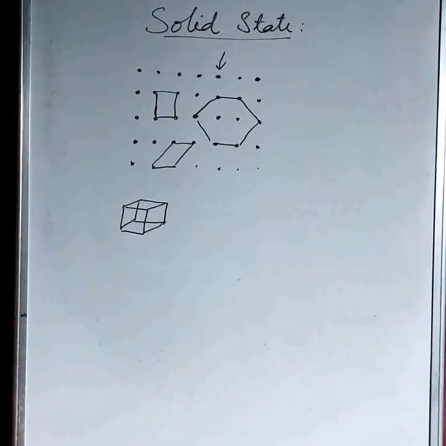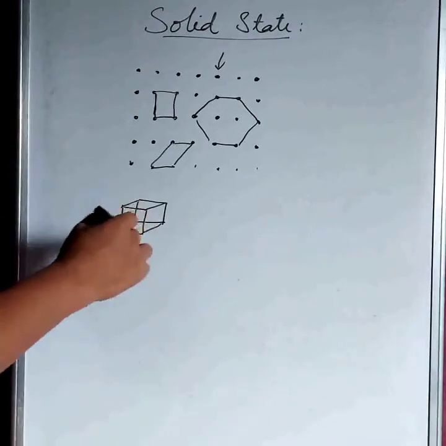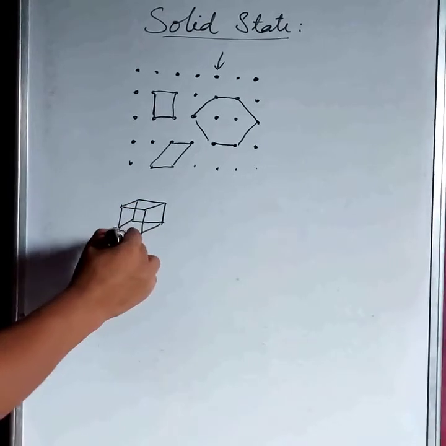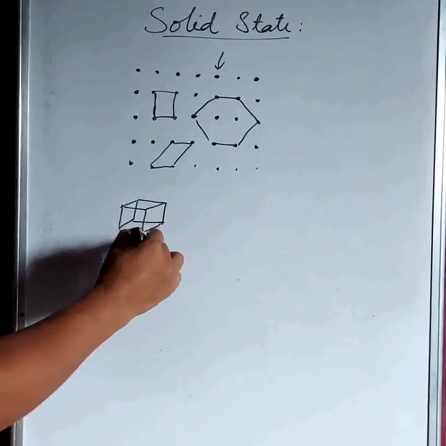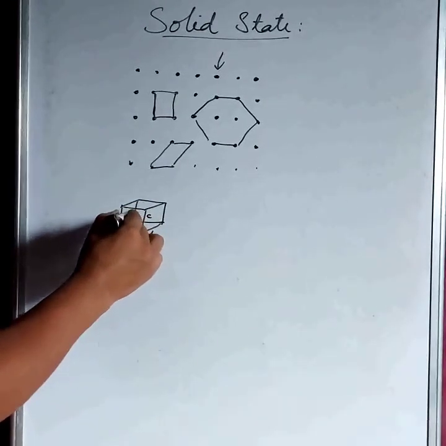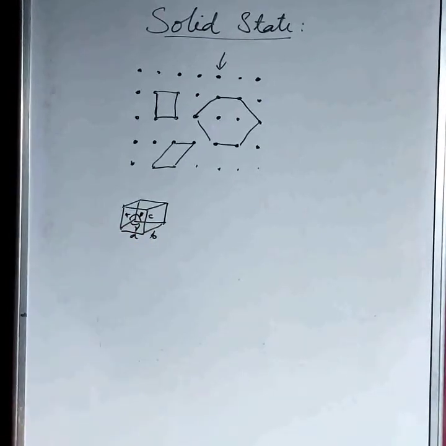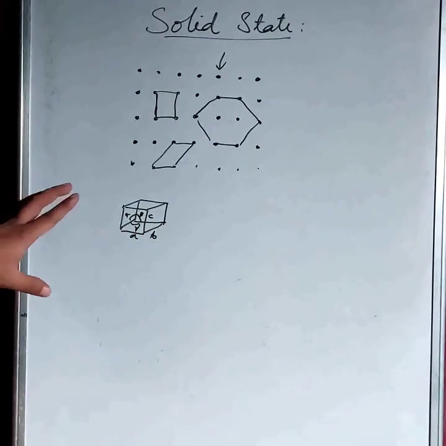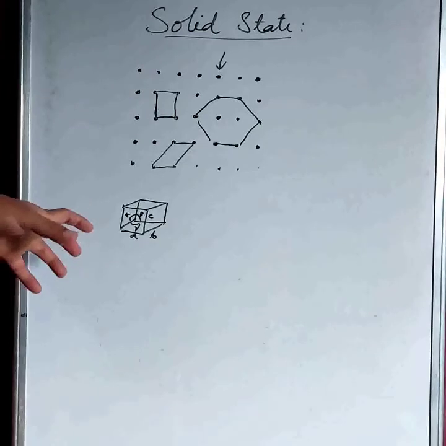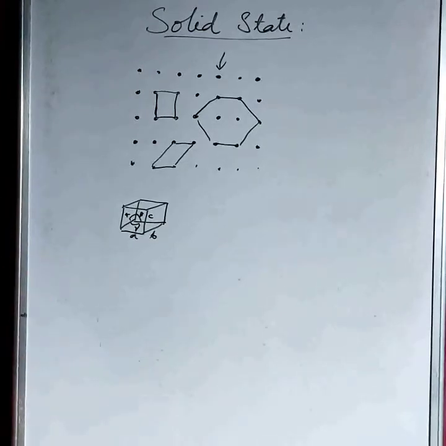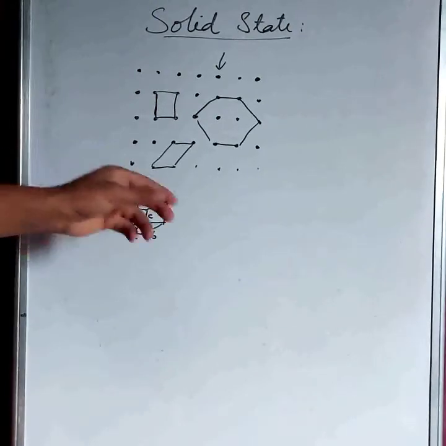Since it's cuboidal, this unit cell will have 3 different sides, a, b, c, and 3 different angles, alpha, beta, and gamma. Whenever we repeat this unit, it gives you the whole structure.